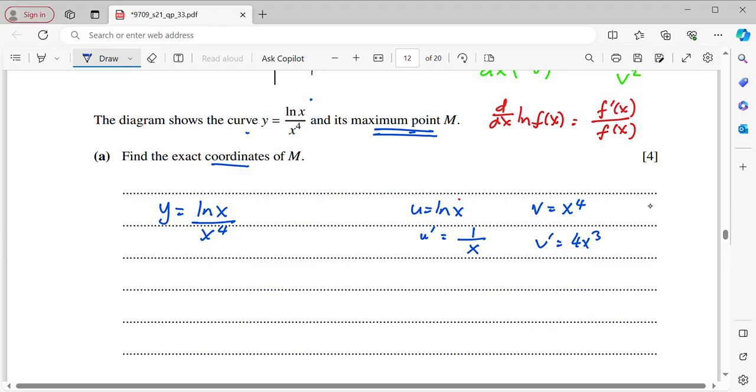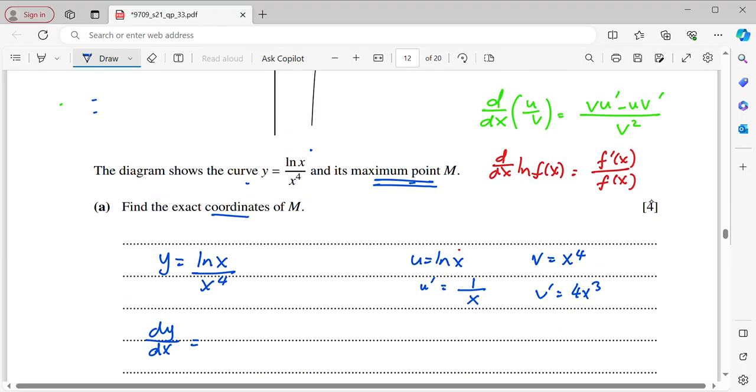Now, your dy over dx, use the quotient rule here. It will be over v squared, so x to the power 4 squared. Then keep the x to the power 4, which is the v, and multiply with u prime. U prime is 1 over x. Then minus uv prime.